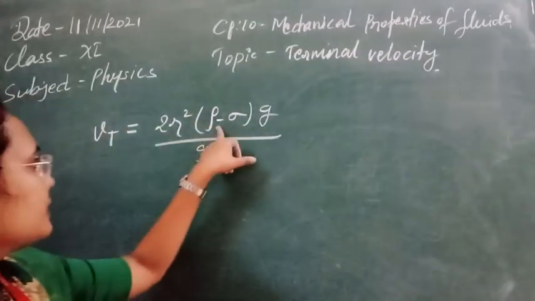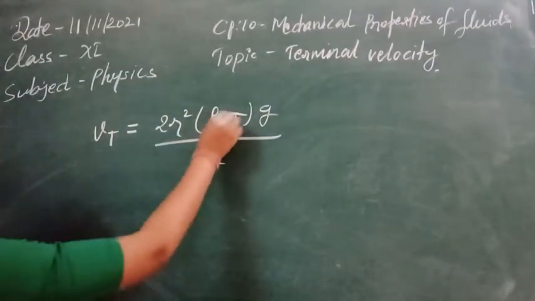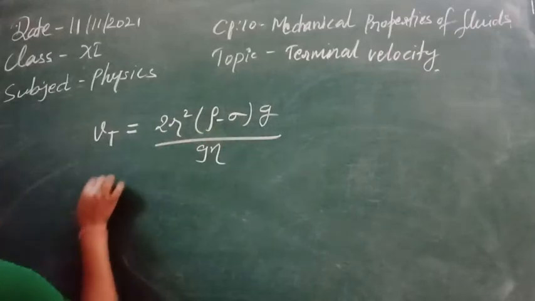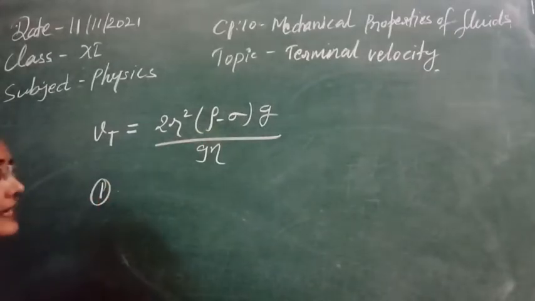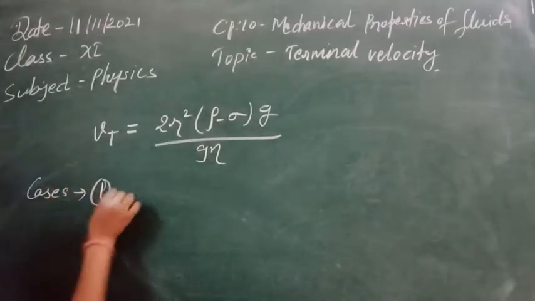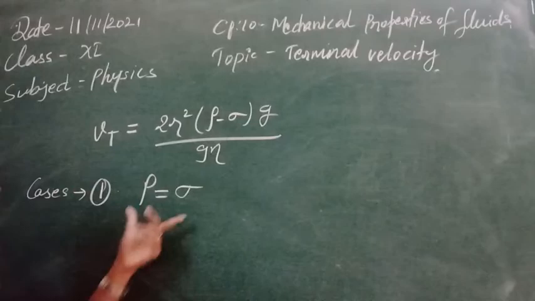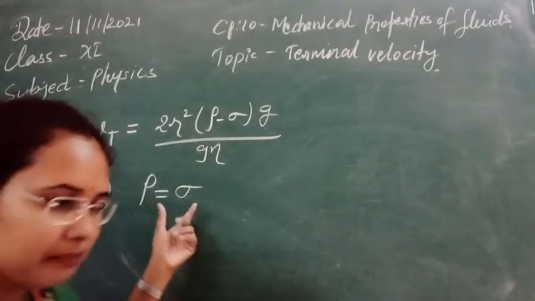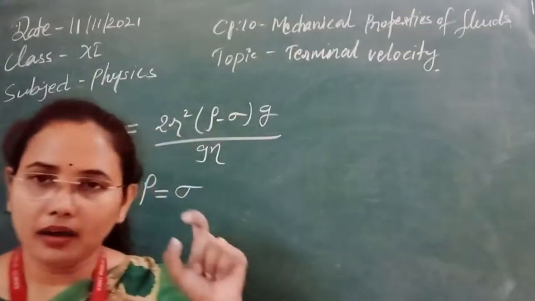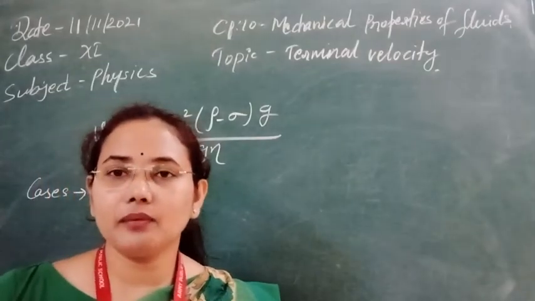Next, it depends on this bracket term, rho minus sigma, for which we can have three cases. In the first case, rho becomes equal to sigma, which means the density of the body is equal to the density of the liquid.